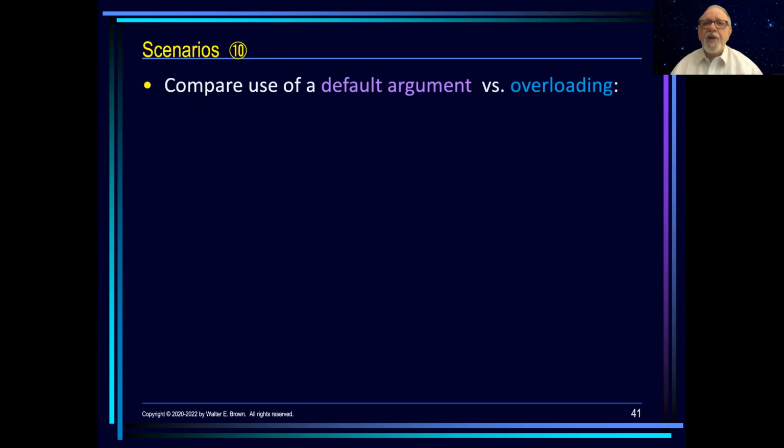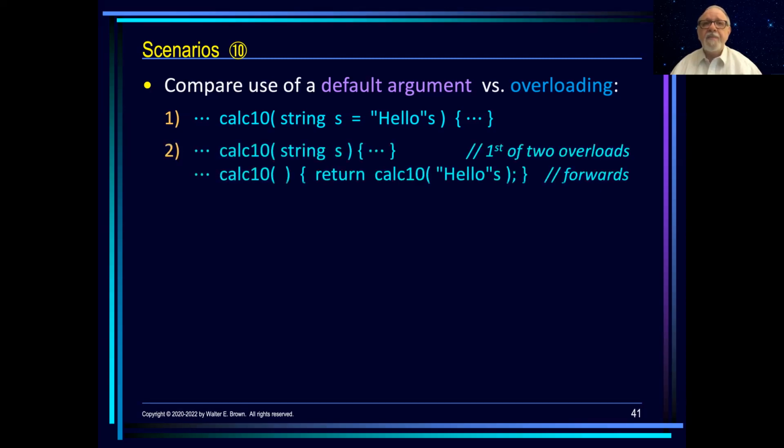When you use a default argument, you're not overloading, but you're making a choice to avoid overloading. Let's take a look. Here's one possibility. I declare a function and provide a default argument. Or an alternative, declare two functions.